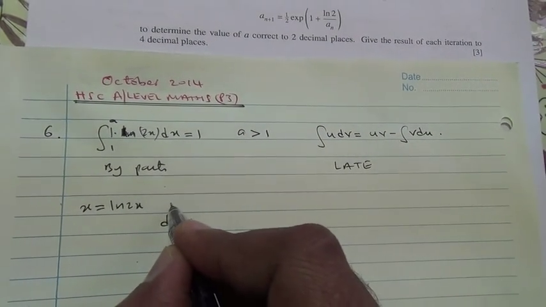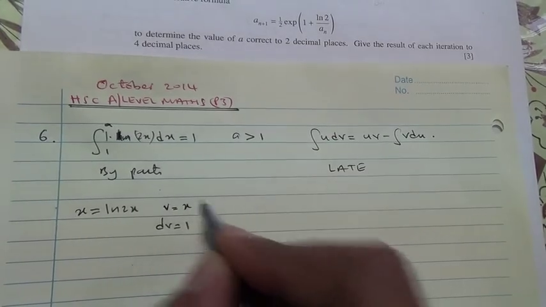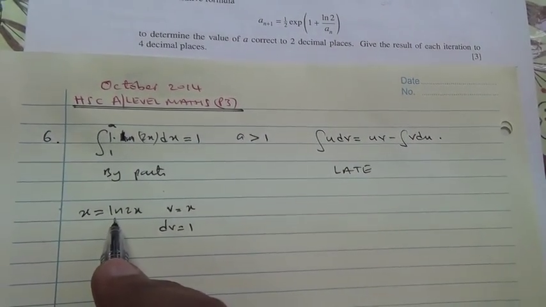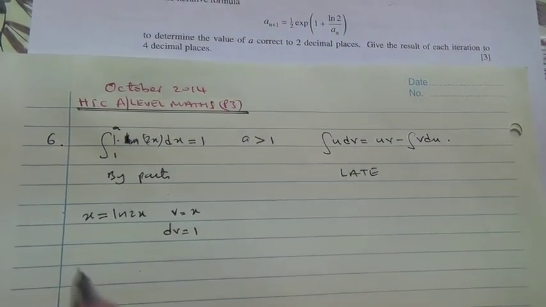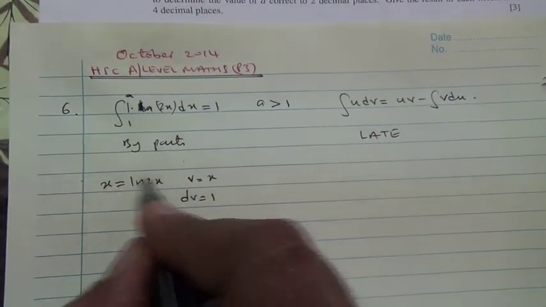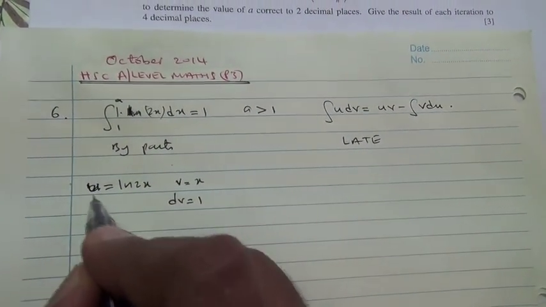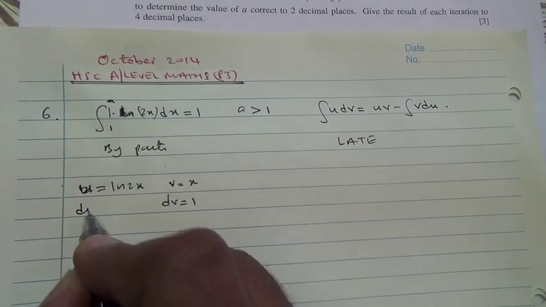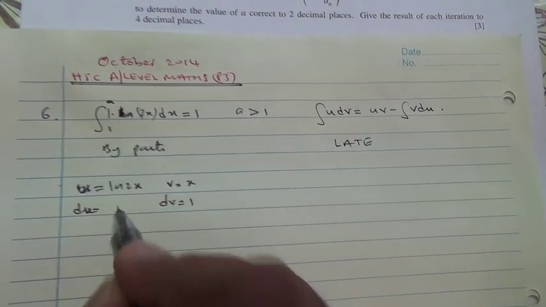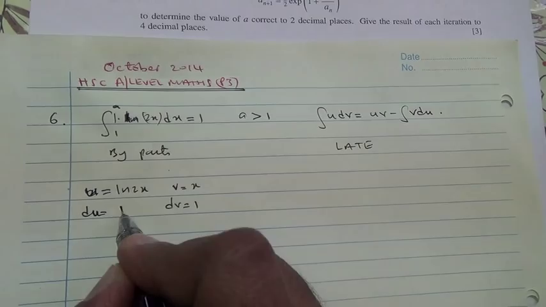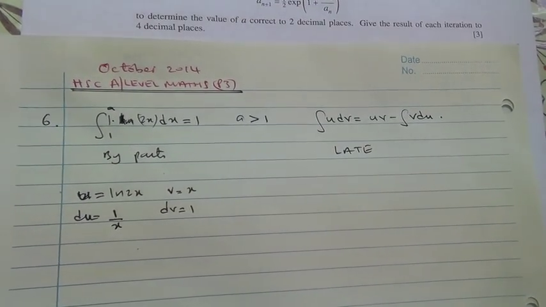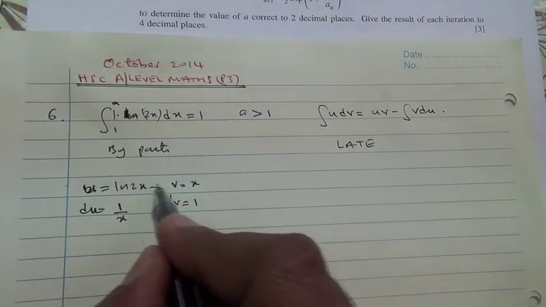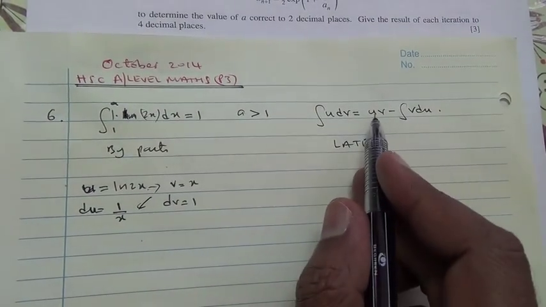Integral of dv is going to be v, which is x. Differentiate ln 2x, what do you get? Du is equal to 1 over x.